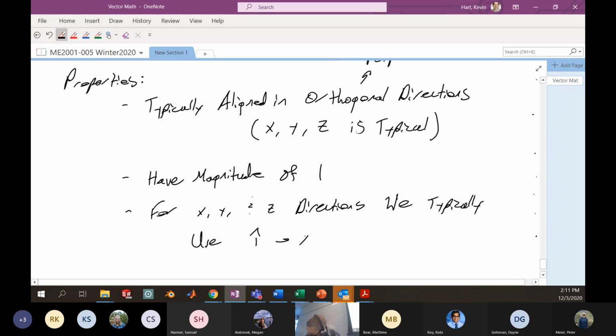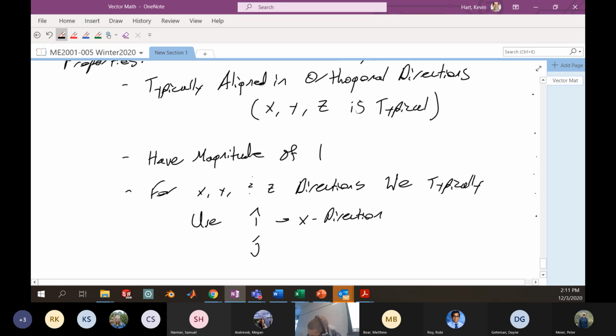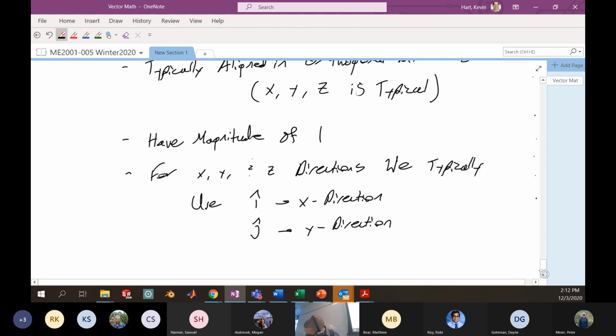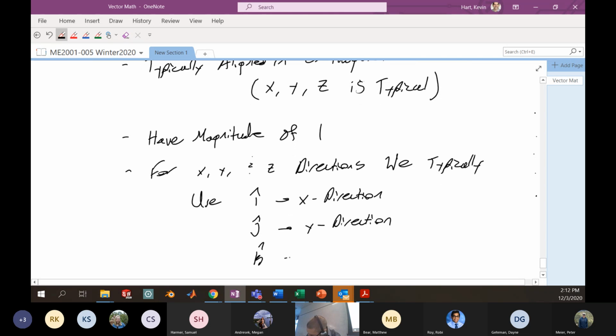I hat for x direction, j hat for y direction, and k hat for z direction.